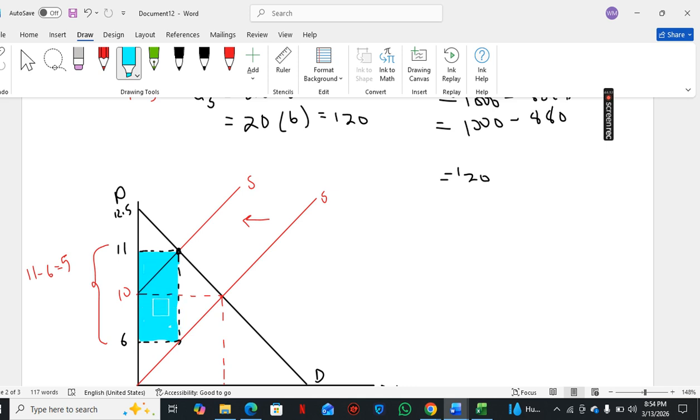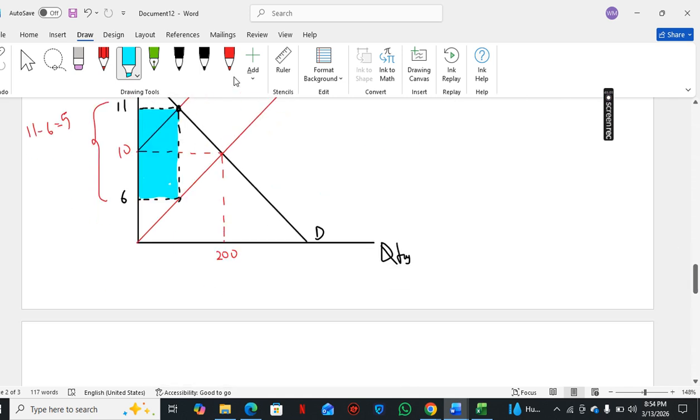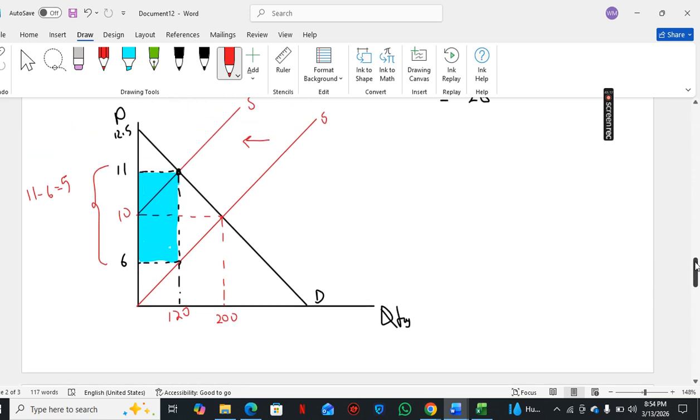And then one more thing. This dotted line, after it passes the supply curve, it's going to come here. Remember the new equilibrium quantity is 120 units here. 120 units.